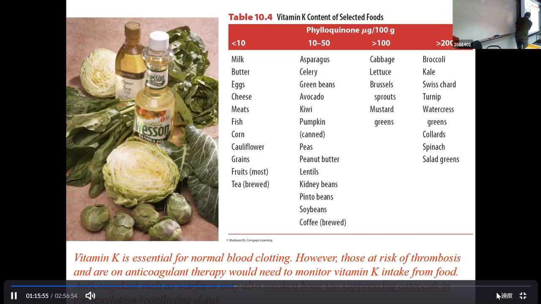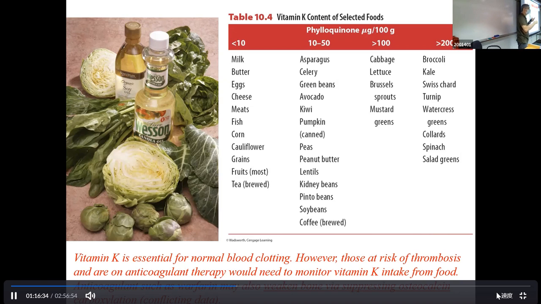Thrombosis means you have blockade of your blood vessels. For these patients, sometimes they are given aspirin or anticoagulant. Anticoagulant is for you not to clot blood so easily, right? But vitamin K's role is to make the blood clot. So they are opposing each other.